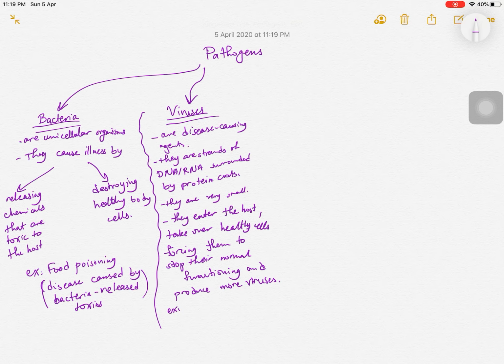As examples of diseases caused by viruses, we've discussed plenty of them earlier, so I will mention flu, common colds, and AIDS.